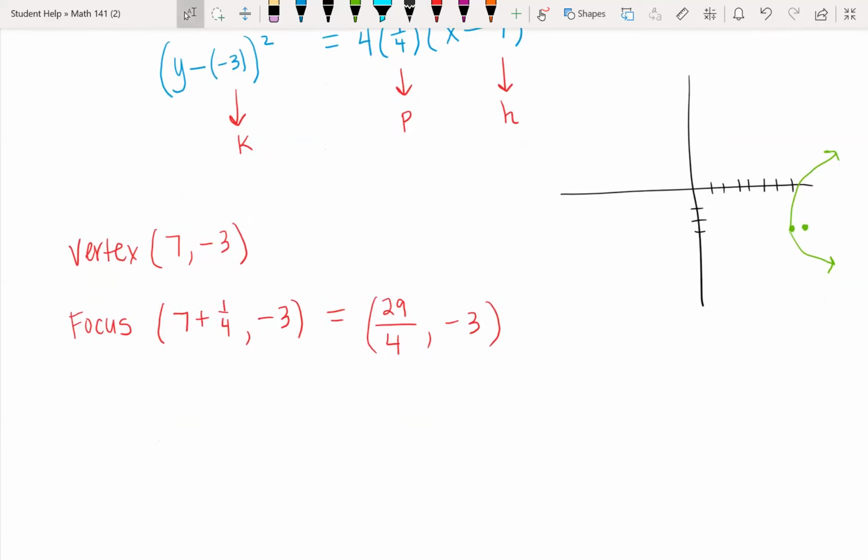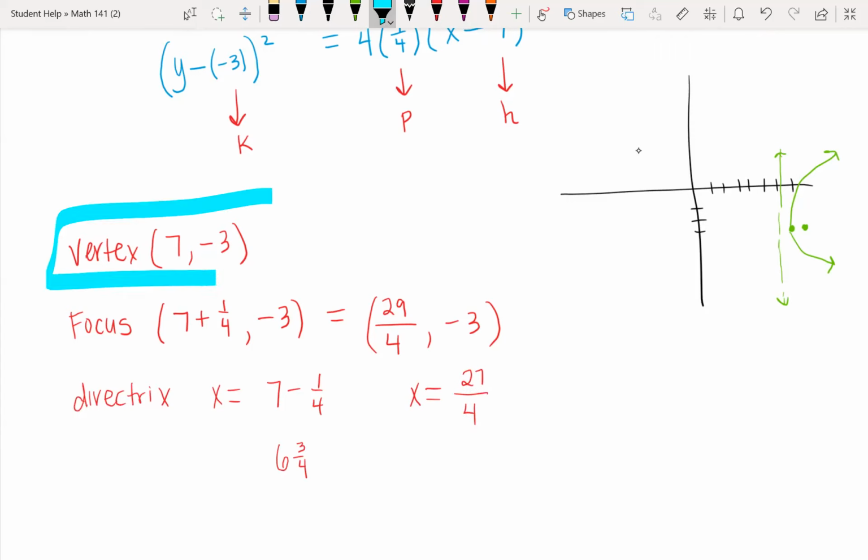And then the directrix is going to go the opposite direction, 1/4, right over here. And again, that goes from the vertex. So the directrix is going to be x equals 7 minus 1/4, which is x equals 6 3/4, which is the same as 27 over 4.